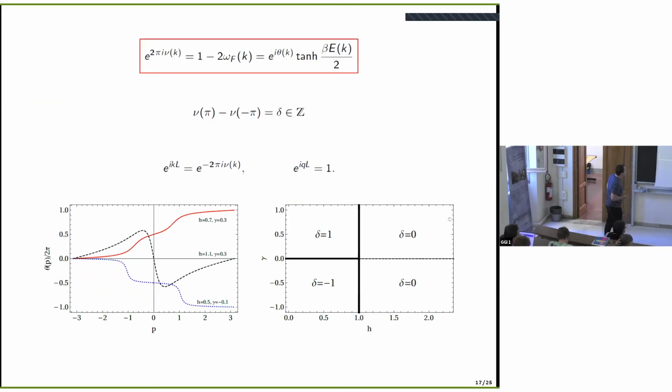But now we see that from this expression, when k runs over the Brillouin zone, we might have some non-trivial winding number. It depends on parameters, and in principle this delta can be plus or minus 1, and 0. In the ferromagnetic regime it's plus or minus 1. In the paramagnetic regime it's just 0.